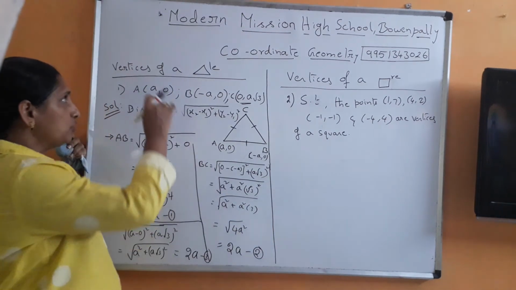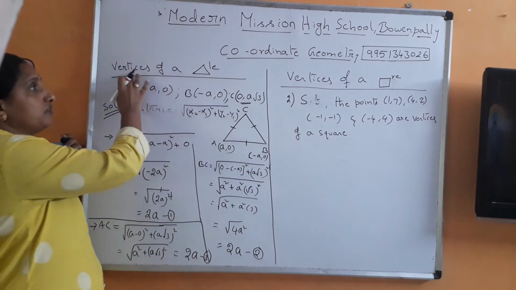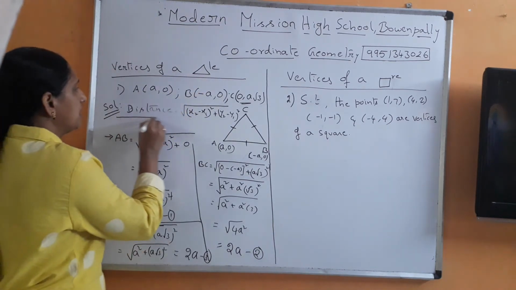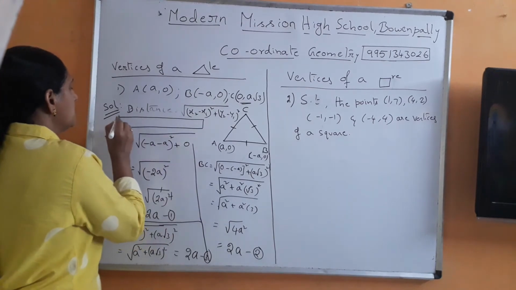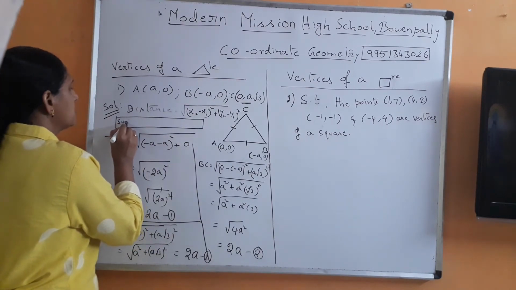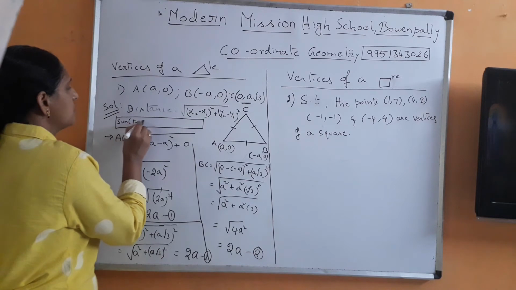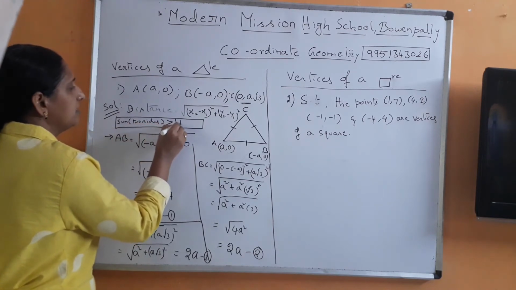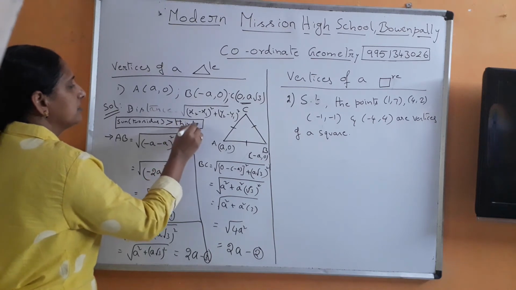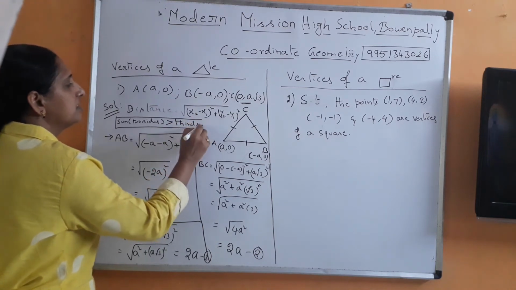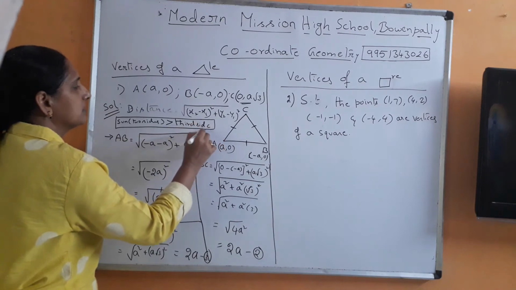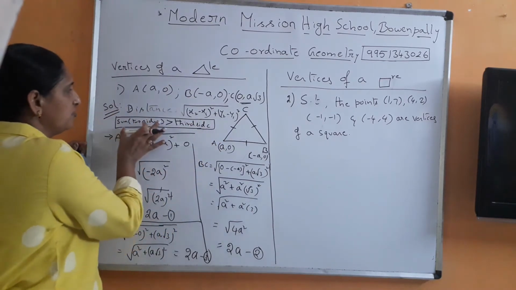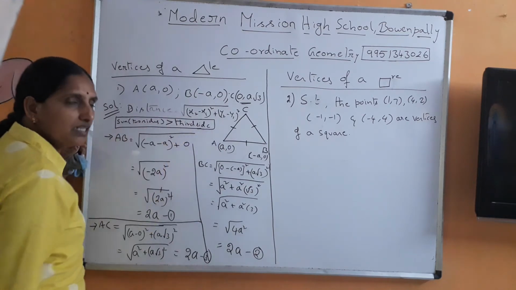So, to find out whether the given points form the vertices of a triangle or not, what is the condition that you have to remember? The condition is the sum of two sides is always greater than the third side.